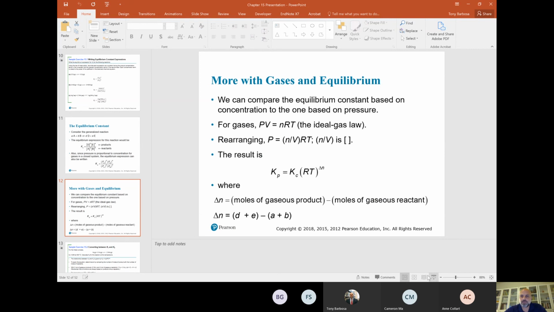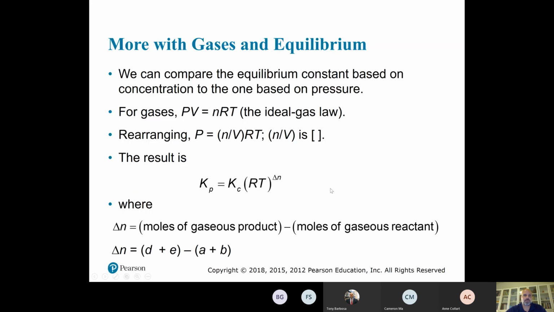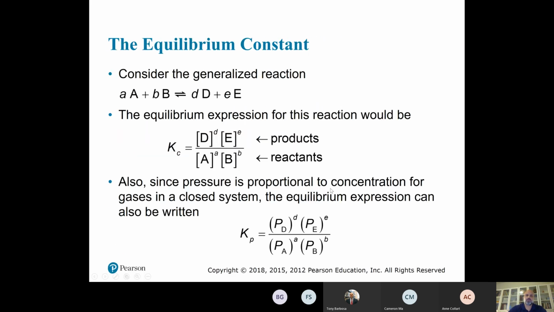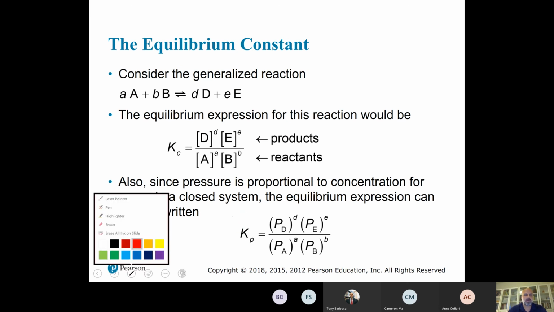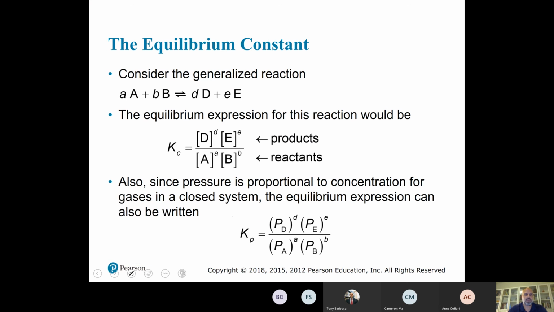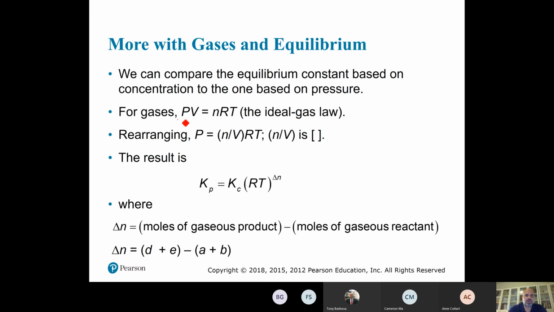The reason we can substitute Kp into this equation and have Kp stand in for Kc is when we're looking at the individual pressures, go on to the next slide. We take the ideal gas law, PV equals nRT.